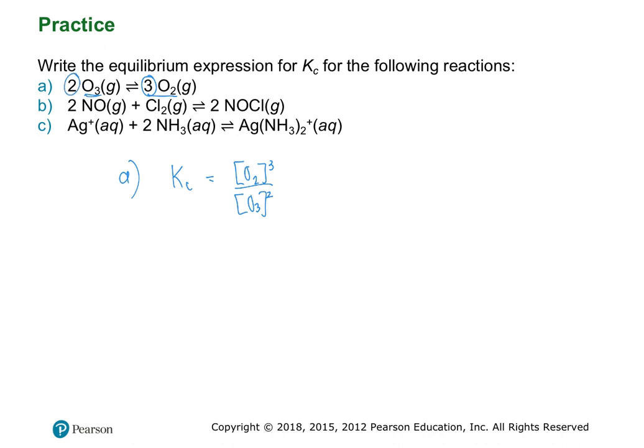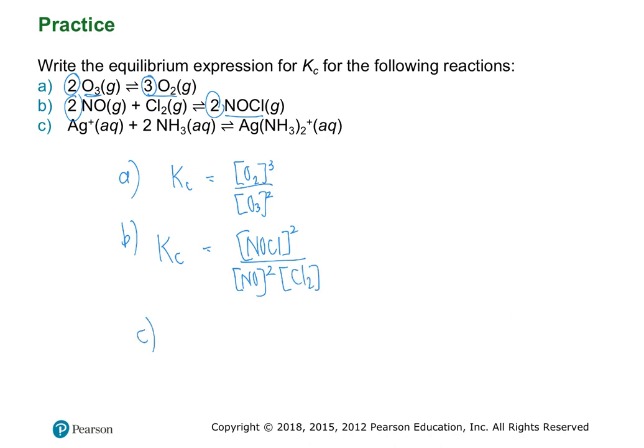Products over reactants. B, I will have to find Kc. It's going to be my products, which is nitrosyl chloride to the second due to that, divided by reactants, which I'm going to have concentration of NO squared times chlorine Cl2.